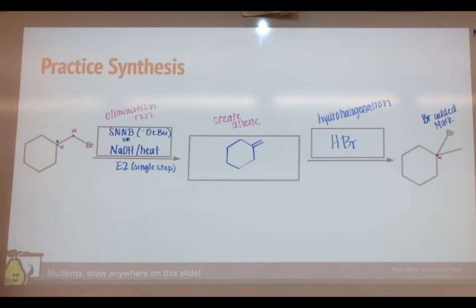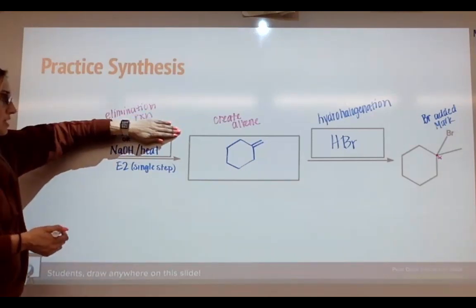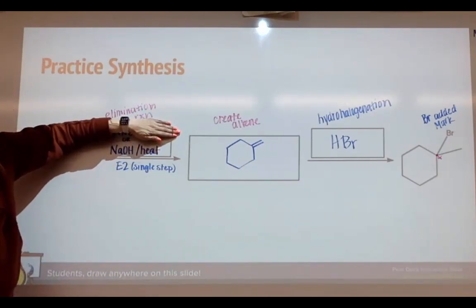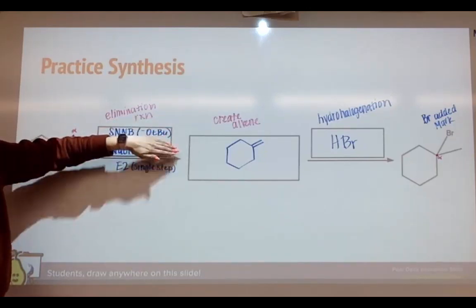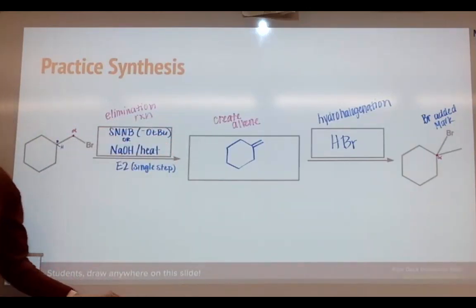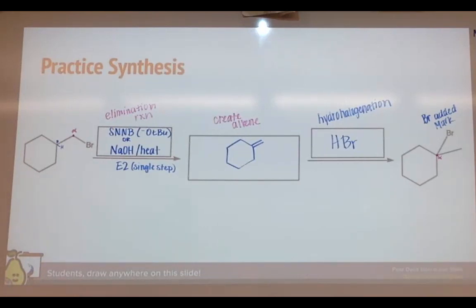If you wanted the more substituted, the Zaitsev product, you would have had to use NaOH and heat. If you wanted only the Hofmann product, you would use your strong non-nucleophilic base, your bulky base. So again, we're combining our elimination with our Unit 4.